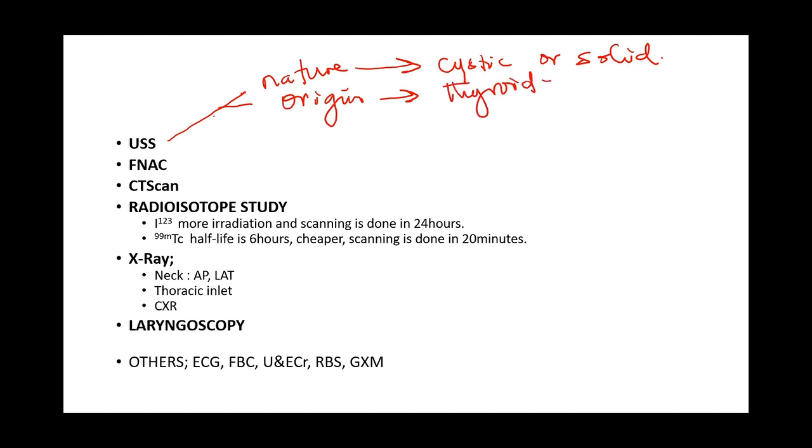You can also assess the cervical lymph nodes. It can also guide you to do an ultrasound-guided fine needle aspiration cytology. These are the various roles of ultrasound scan in evaluating the thyroid gland.